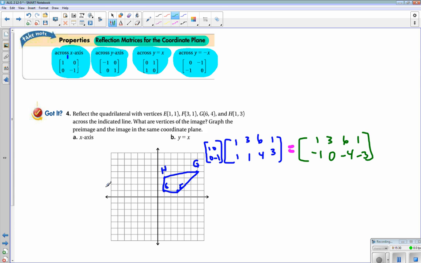And just to remind you, we're reflecting it across the x-axis. So if I were to fold this paper in half, it should give me a nice mirror image here on the bottom.